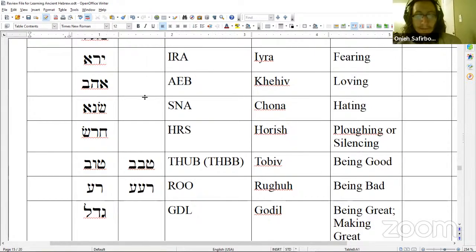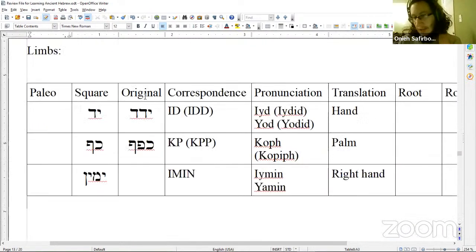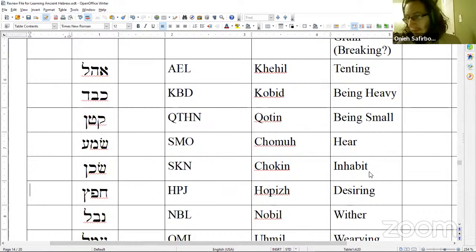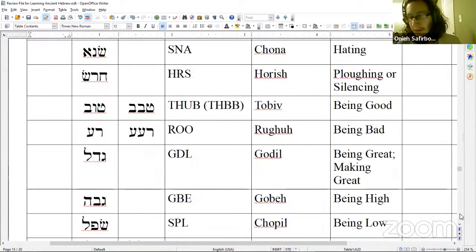Tabiv, or Tav, originally Tabiv, is being good, and Ra, originally Raha, is being bad. Gadil is being great or making great. So this is a review of the vocabulary I just added today.